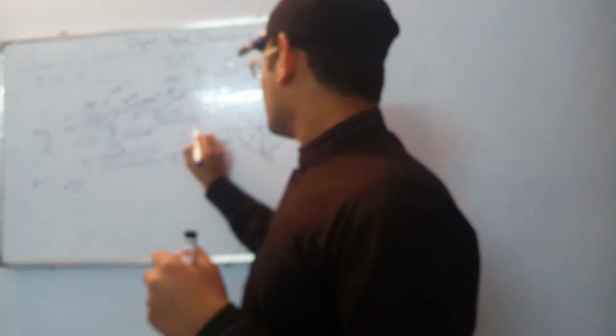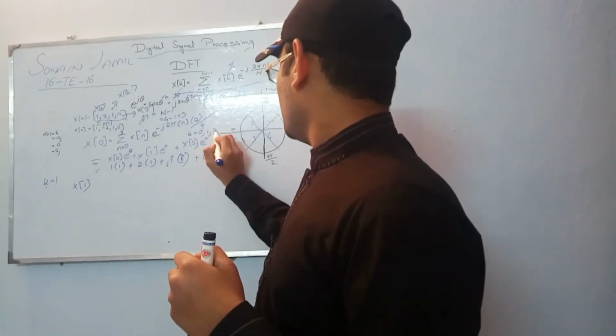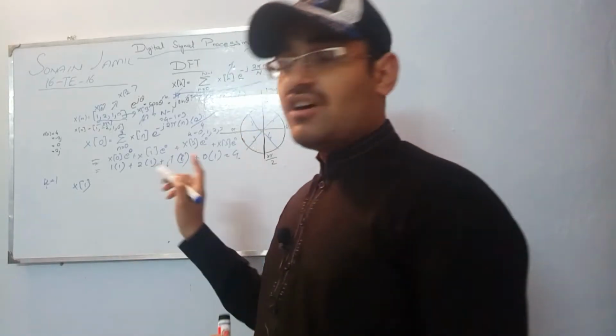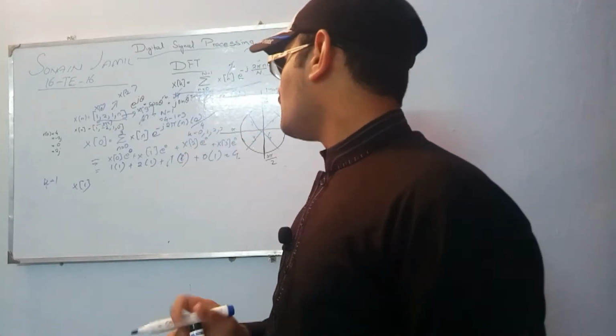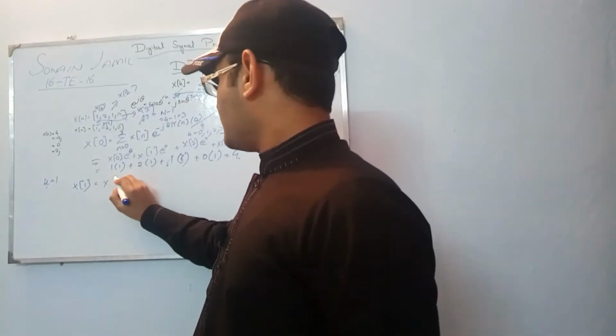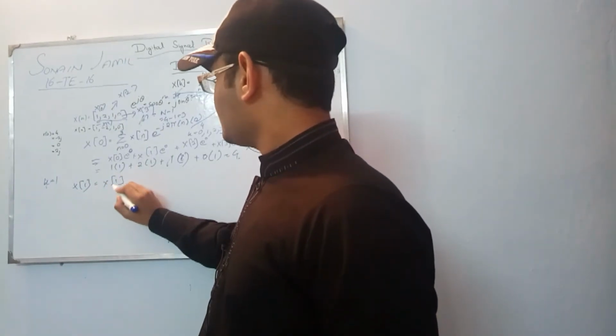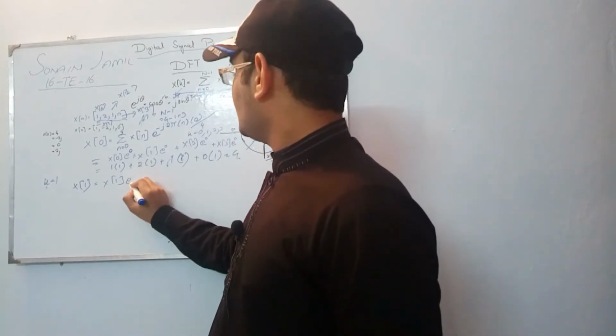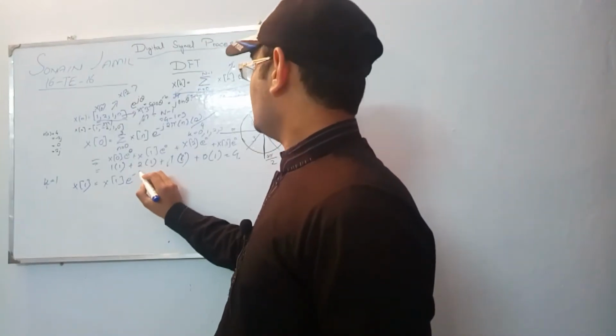K should be 0, 1, 2, 3, for capital N equal to 4. So if we want to find X of 1 in the frequency domain, it will be like this.